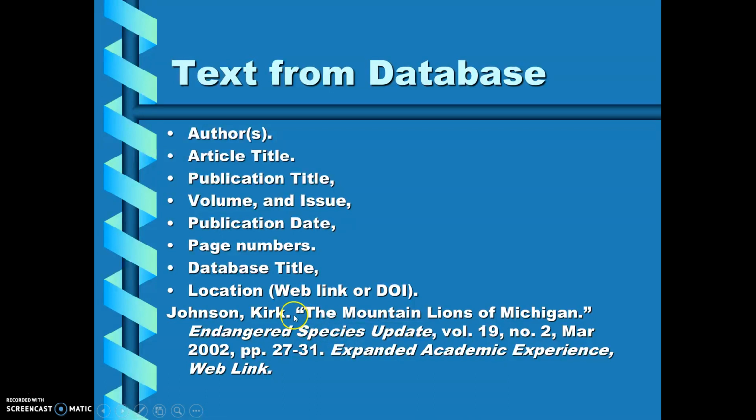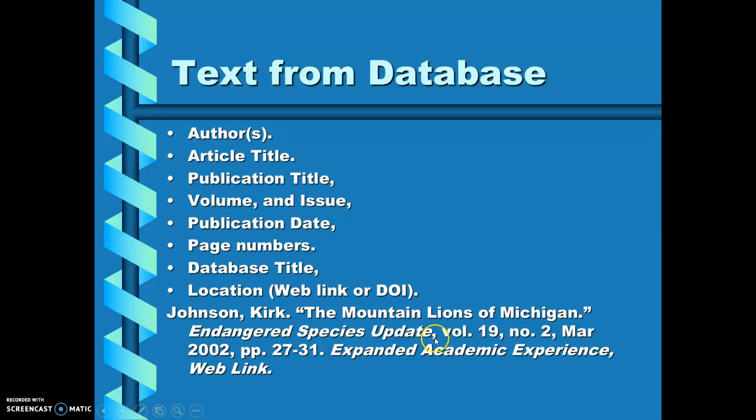Okay, we have author name here followed by a period, title of the short text in quotation marks, and end it with a period there. We have the title of, in this case, the whole academic journal, followed by a comma.